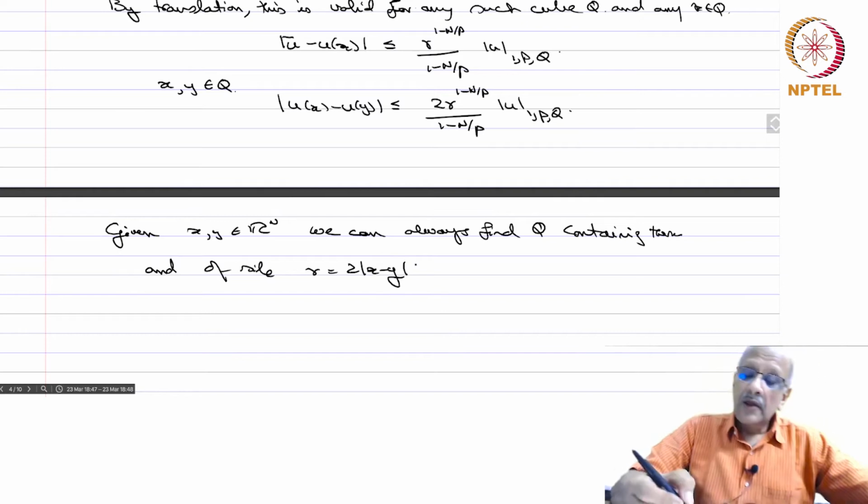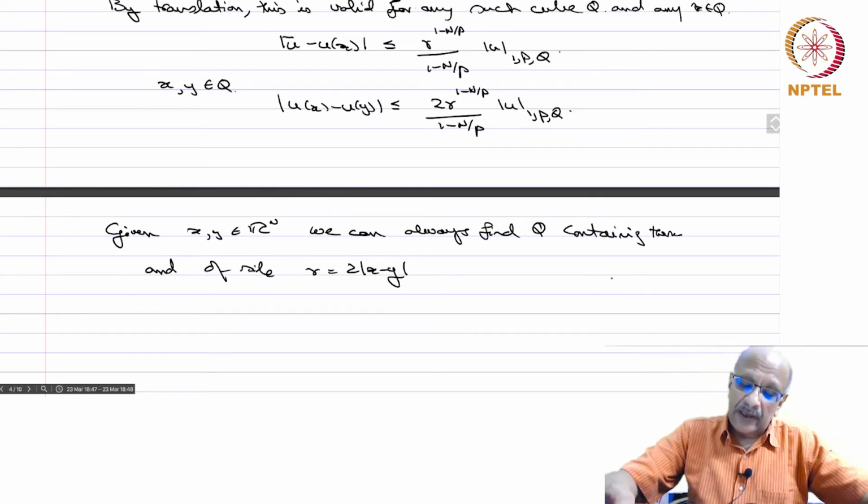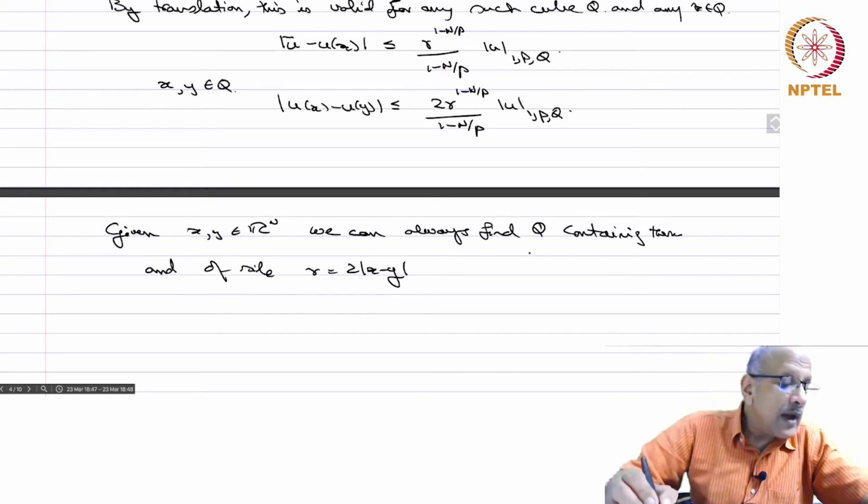So given any 2 points, you take a big enough cube of side 2 times mod x minus y, and that will contain x and y, and then this result is true.